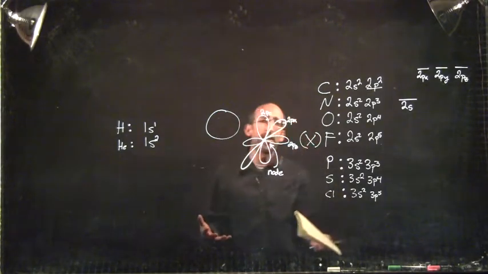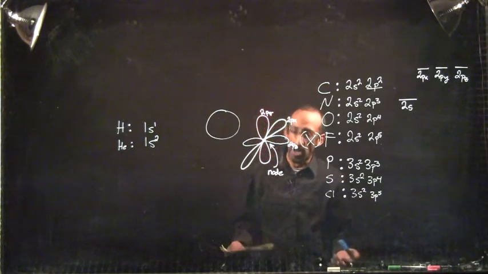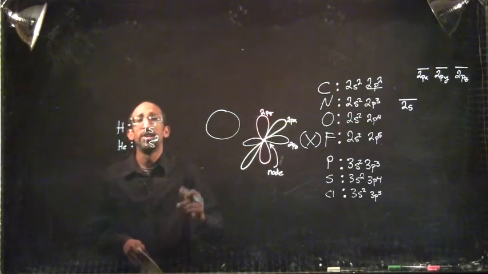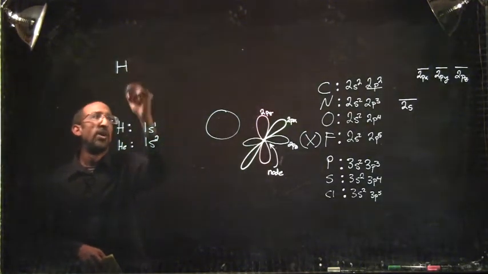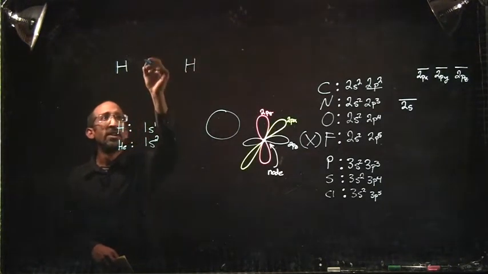So, how can we now use these atomic orbitals to make a chemical bond? Well, if we take a look at the simplest covalent bond we can make between 2 hydrogen atoms, we'll put 1 hydrogen atom here and 1 hydrogen atom here.